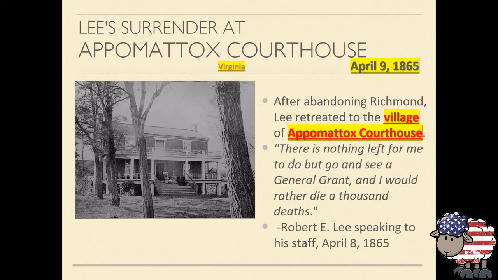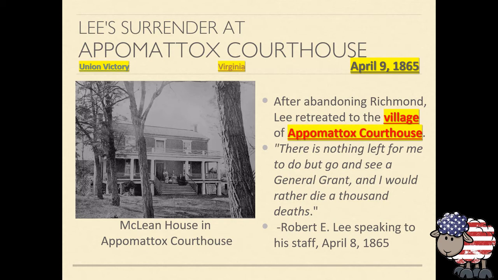Now, I mentioned the McLean House here, which is where the surrender takes place. However, it's important to note that after the first Battle of Bull Run, McLean, who was just an owner of a property outside of Washington, D.C., owned the land where the first Battle of Bull Run started. And after the battle, he's like, this is ridiculous, this is crazy, I'm going to leave.